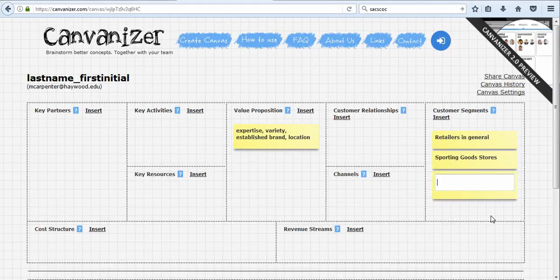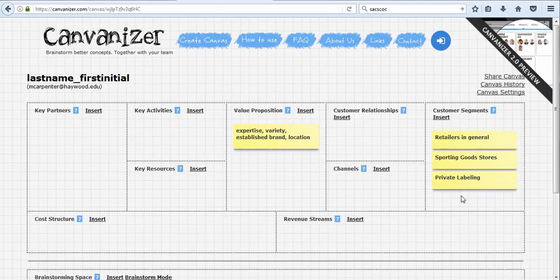Maybe we also have, we might be a manufacturer, but maybe we do private labeling for others, which means basically Tommy Hilfiger could come to us and say, hey, I want you to make some socks, and slap the Tommy Hilfiger label on them. And we say, sure.